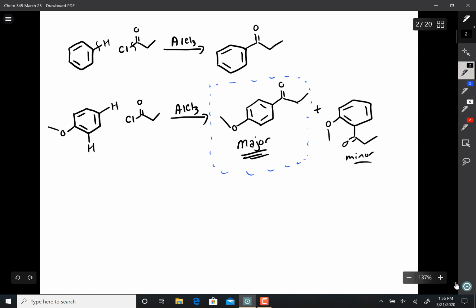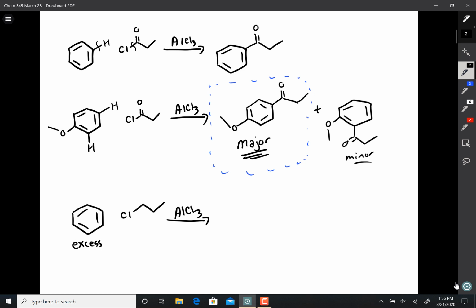We also talked about another way of adding carbons to an aromatic ring, and that was via Friedel-Crafts alkylation. If we use Friedel-Crafts alkylation, we need to use a large excess of benzene because the product that you get is much more reactive than the starting material.